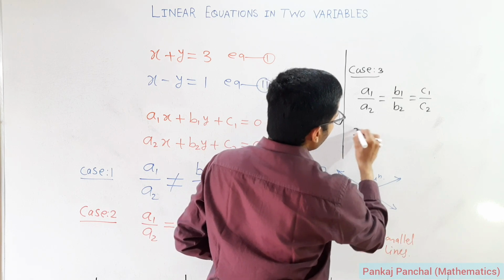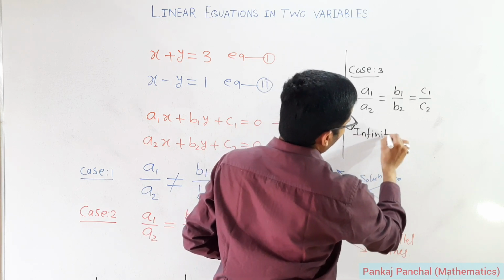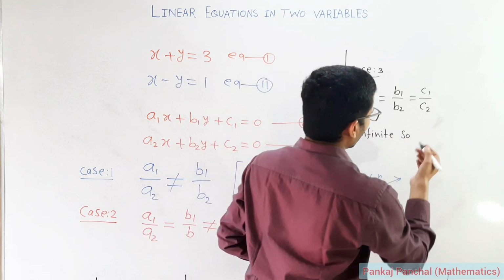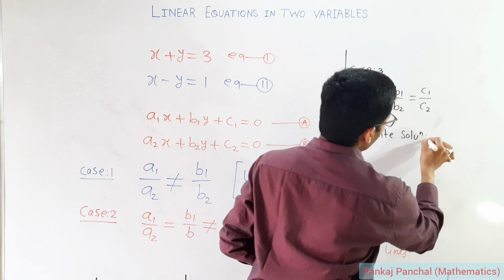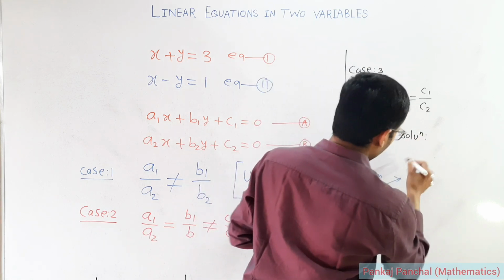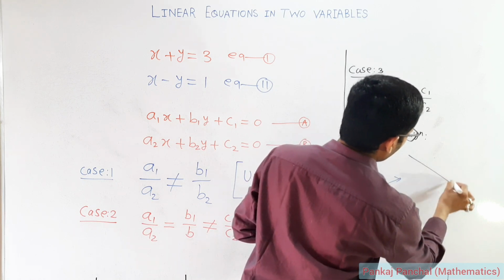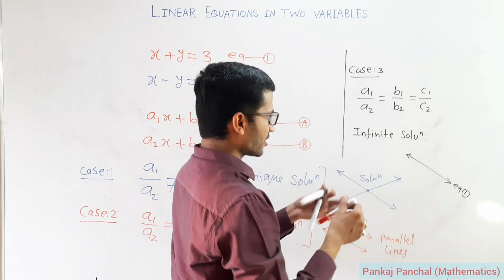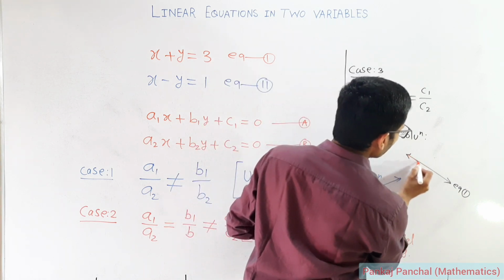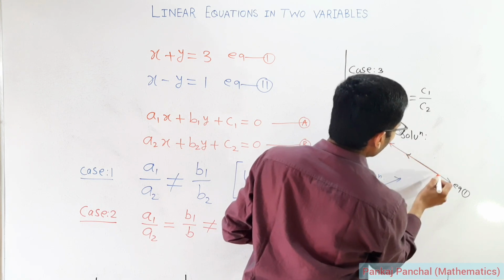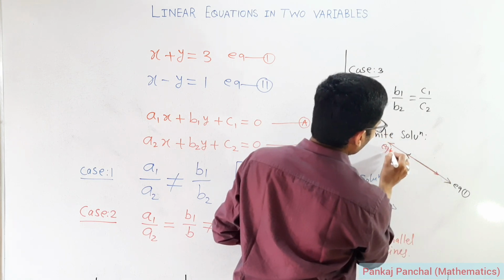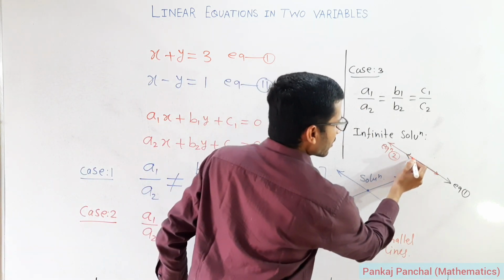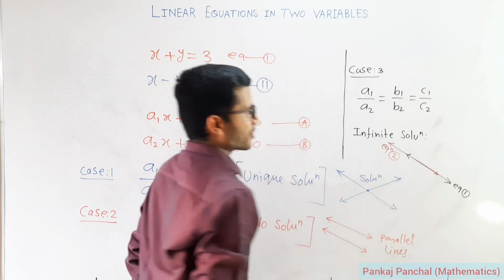So it has infinite solutions, because we get only one line and the other line lies on the same line. When we plot the graph, this is equation number 1 and the other equation is also on the same line, this is equation number 2. So every point is a solution. So there are infinite solutions.